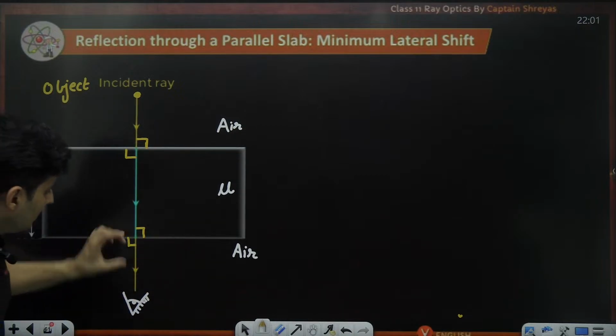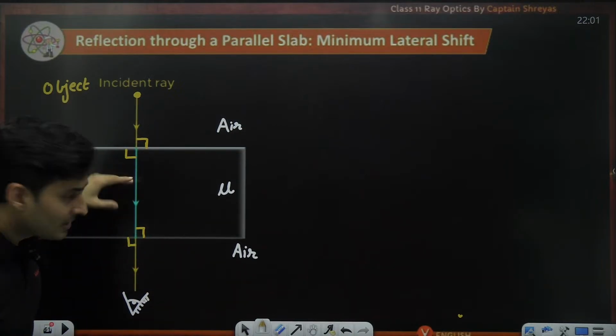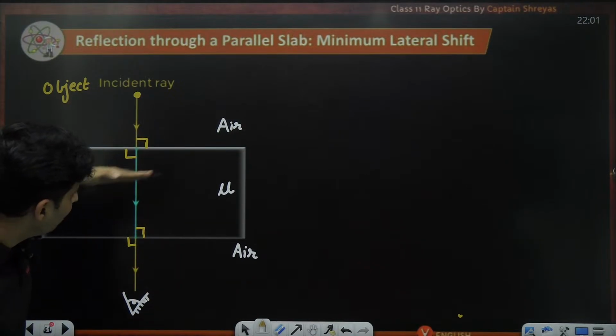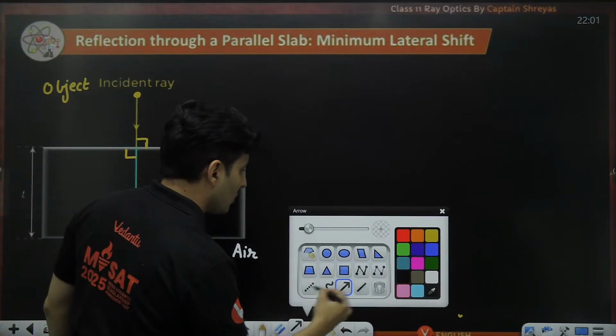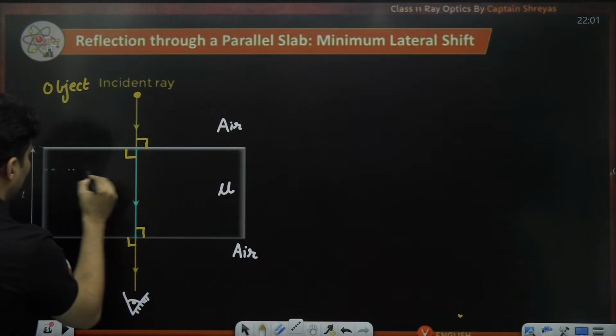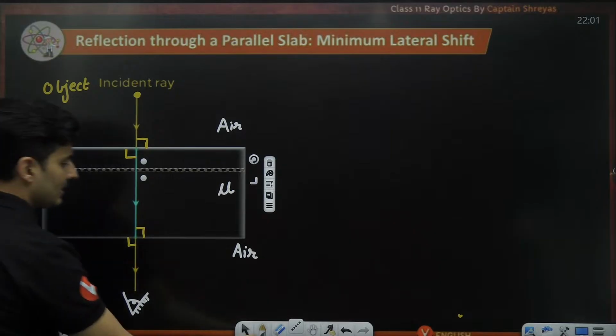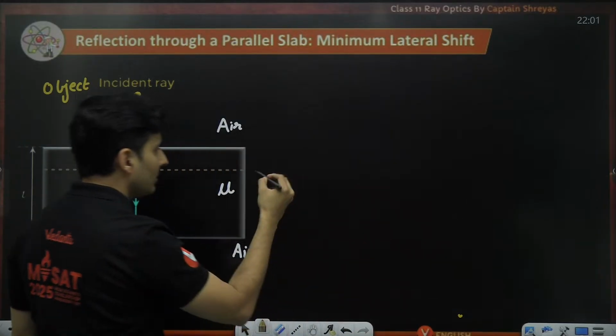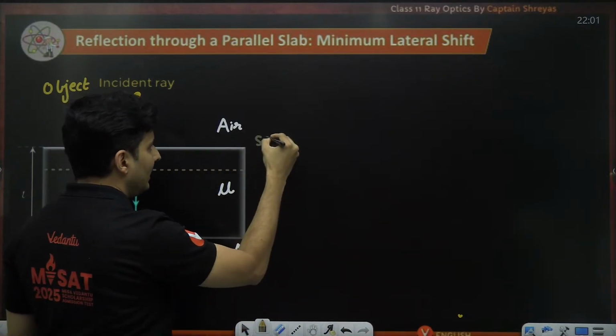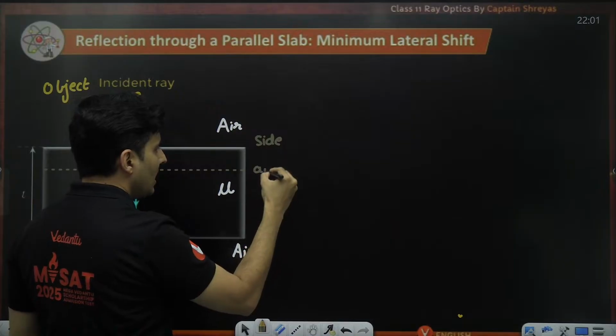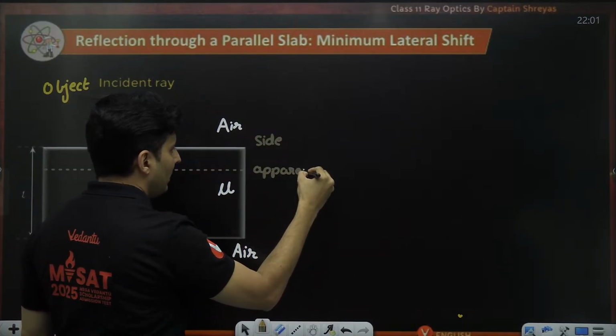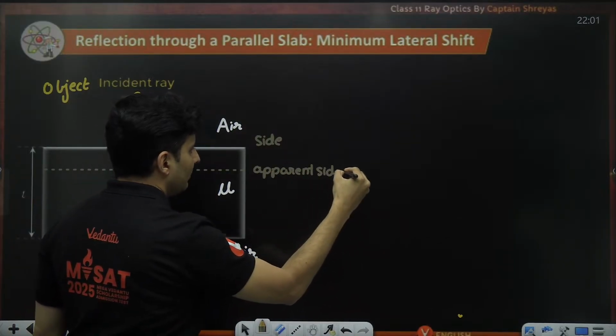What happens is, when the observer sees that glass, this far end of the glass appears to be closer. So the far end of that glass appears over here. This is the actual side. This is the apparent side of that glass.